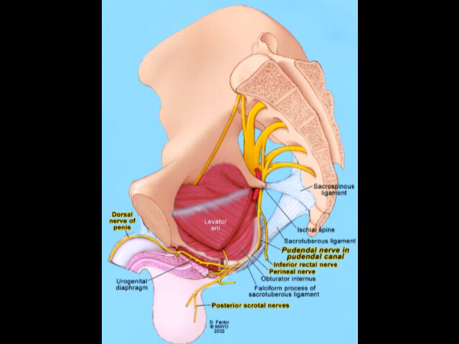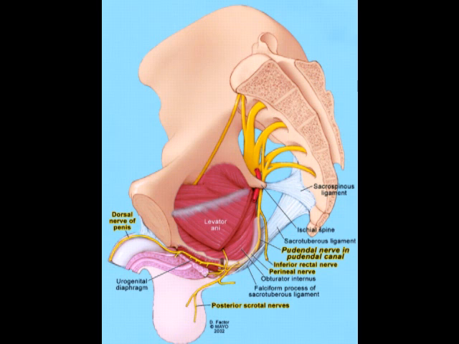It also supplies your bulbospongiosus muscle, which is also right there, which you will see later on. And that perineal branch will also supply your posterior scrotal nerves if you're a man.